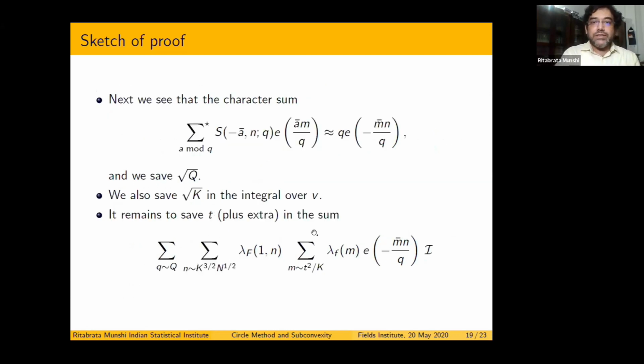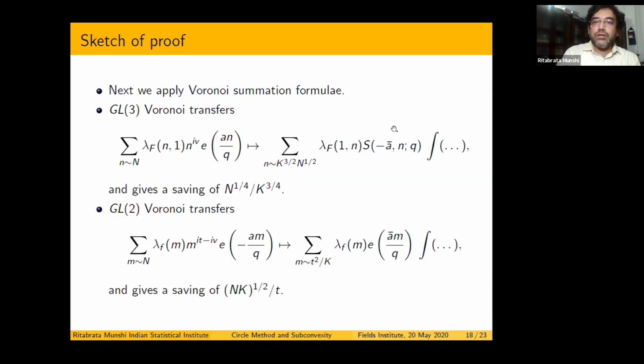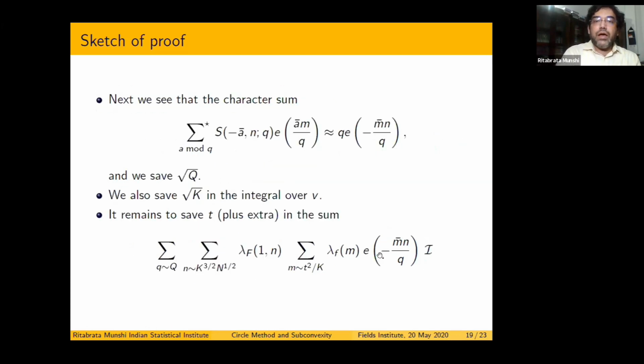And now this is the magic that makes everything happen over here. If you collect the Kloosterman sum over here and the additive character over here, and the A sum that was coming from the circle method, then this magically reduces to an additive character.